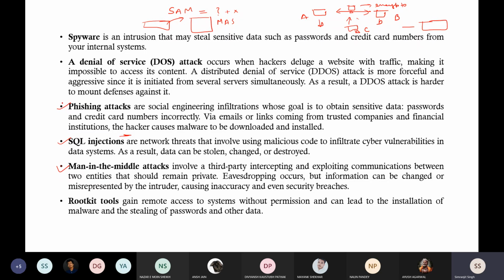Keep that in mind. Phishing attacks mostly seem like they have been sent from a trusted source, and when you click on the link, they will take you to a website very close to the original website, so it's very difficult to know the differences. This attack got very popular about 10 years back, but all the banks and other financial institutions have said do not open any kind of link sent from our bank, because we do not send any links.